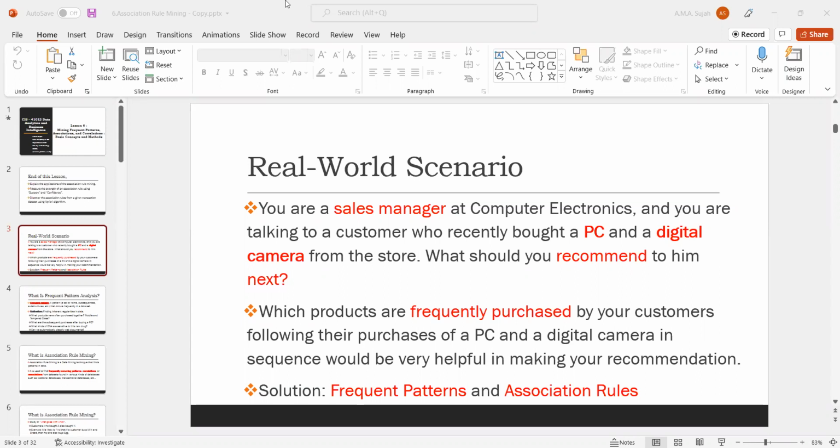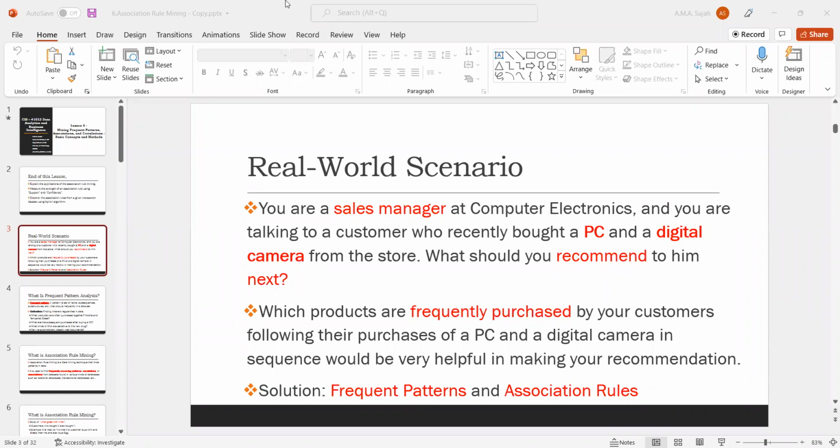So how can you find that frequent pattern? By analyzing your past data, the past month, what the ordering pattern is. Based on the pattern, you will find out. So as a solution, you need to find the frequency pattern. For that, we apply association rule mining algorithms.